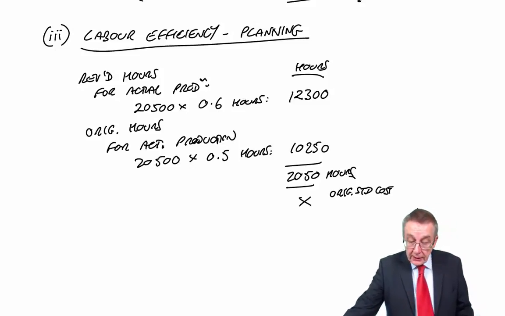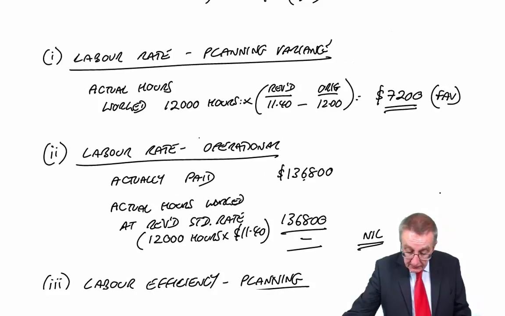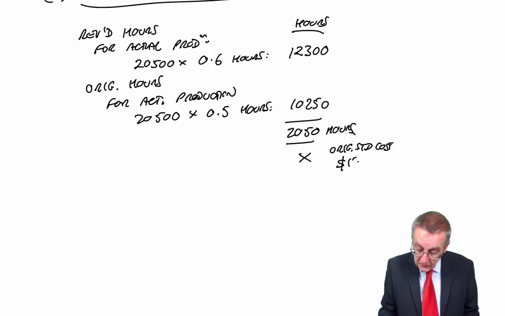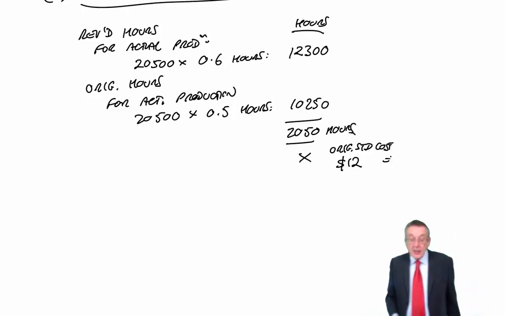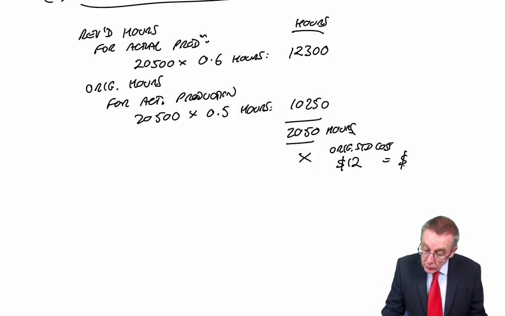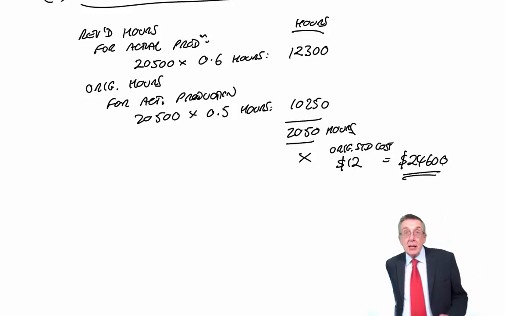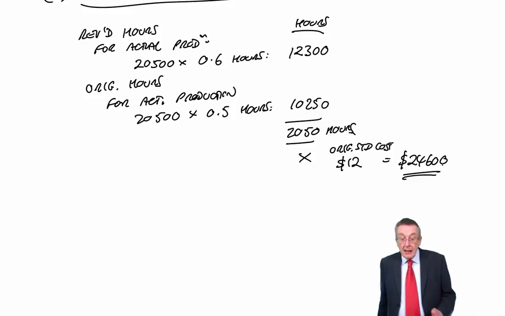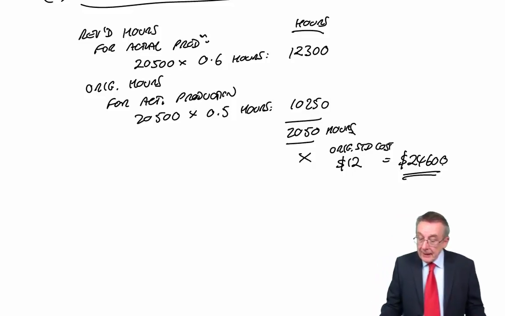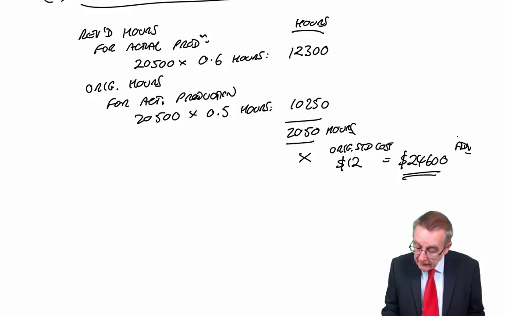The original standard cost per hour was $12. And so, how much would that have cost us? The change of plans, 2,050 at $12, is 24,600. And as I said earlier, since we revised upwards, each batch should take longer. We were expecting to spend more. That's an adverse variance.